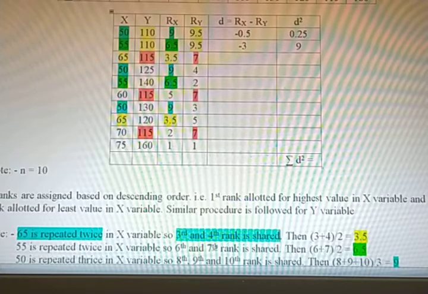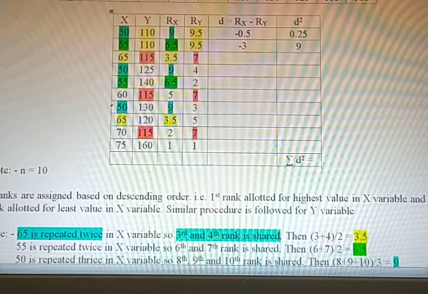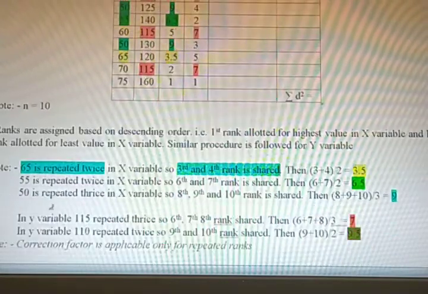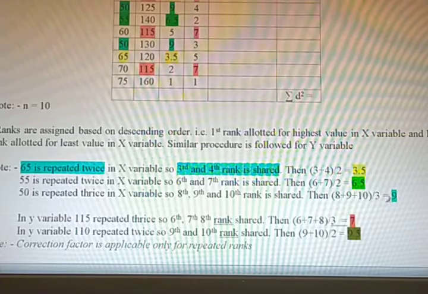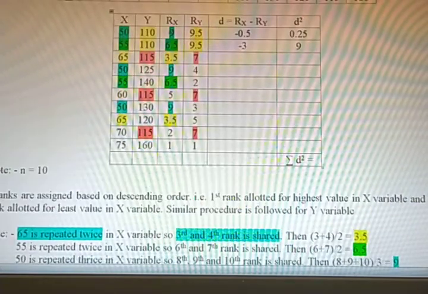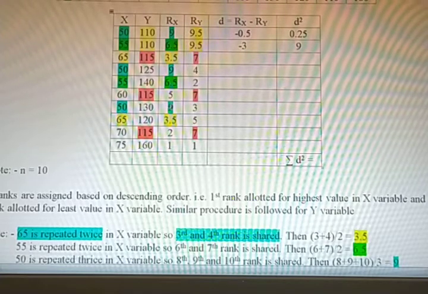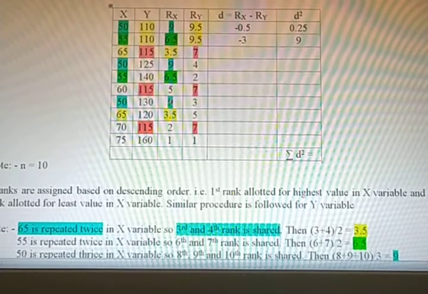Up to 7th rank we have allotted. The next least value is 50, repeated thrice, so it is supposed to get 8th, 9th and 10th rank. The average of 8, 9, 10 is 9, so we write 9. Now we have allotted ranking for all 10 variables of x.